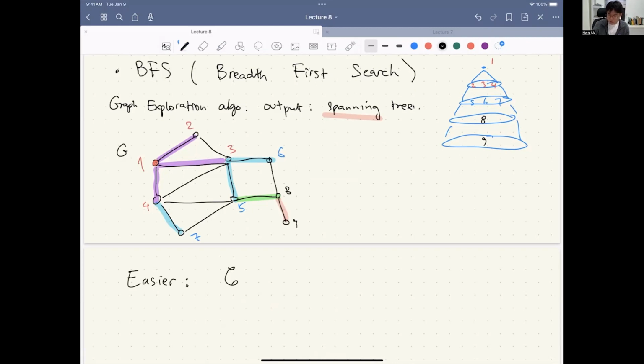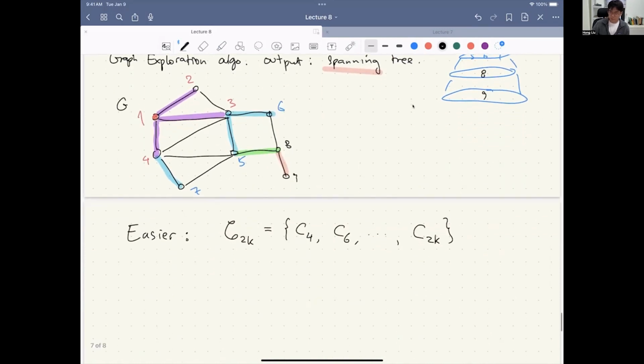Let the curly C_2k denote all even cycles of length up to 2k: C4, C6, C8, up to C_2k.